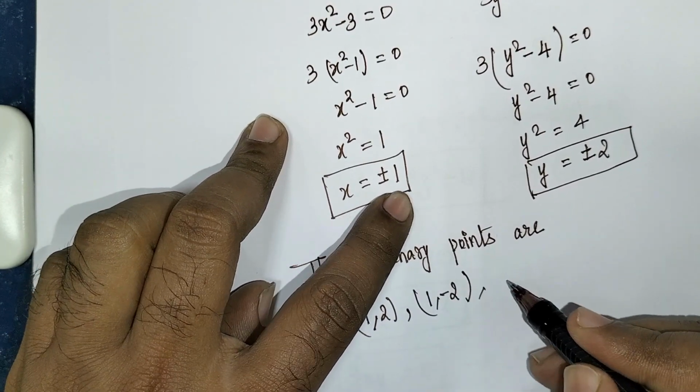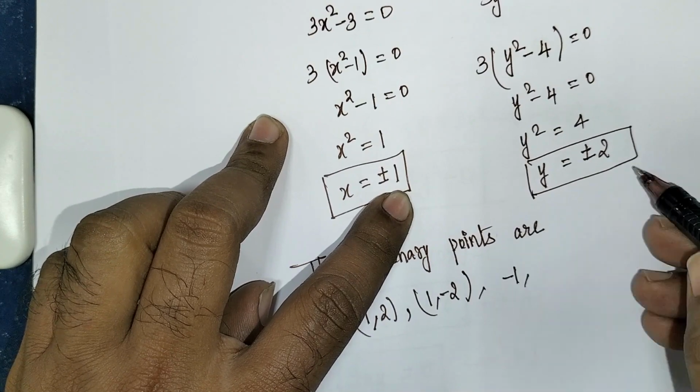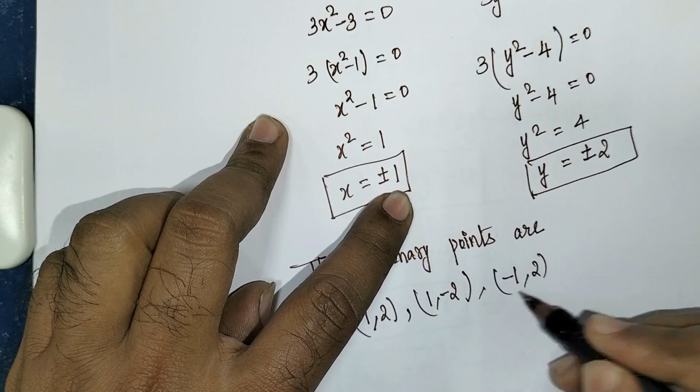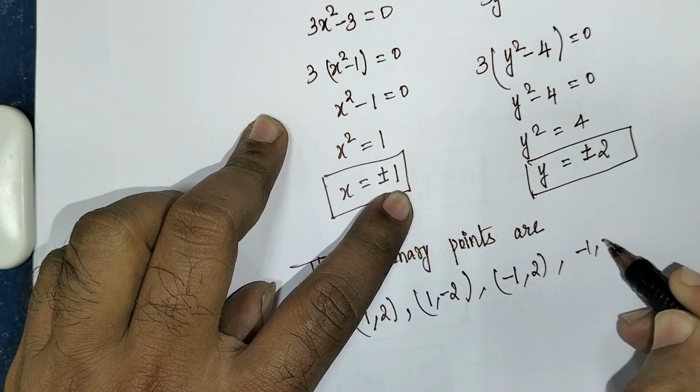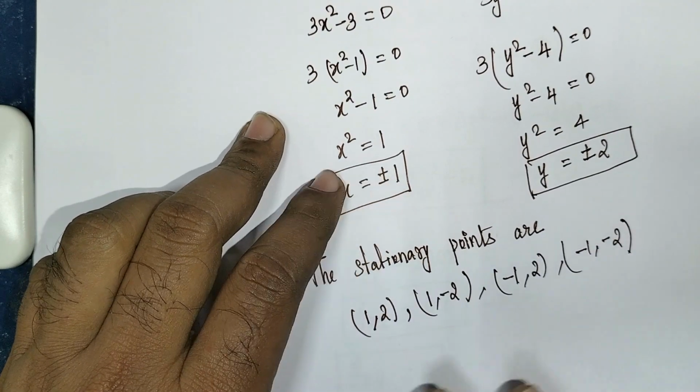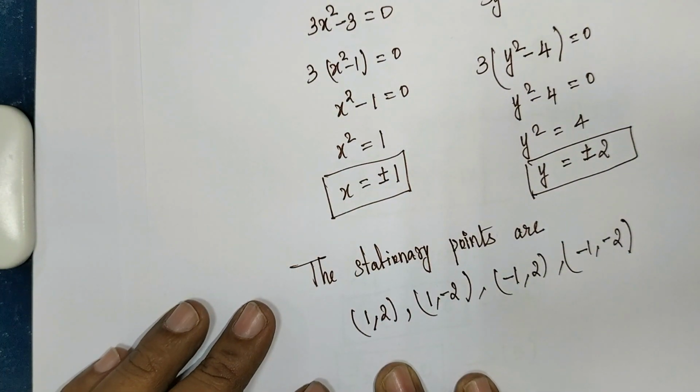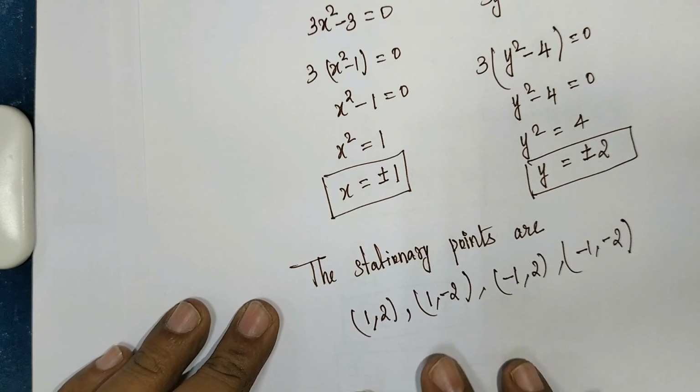Next you take x minus 1 and combine with the y values, (−1, 2) and (−1, −2). That's it. So this is our stationary points. Now we know the stationary points, and based on these I am going to conclude.